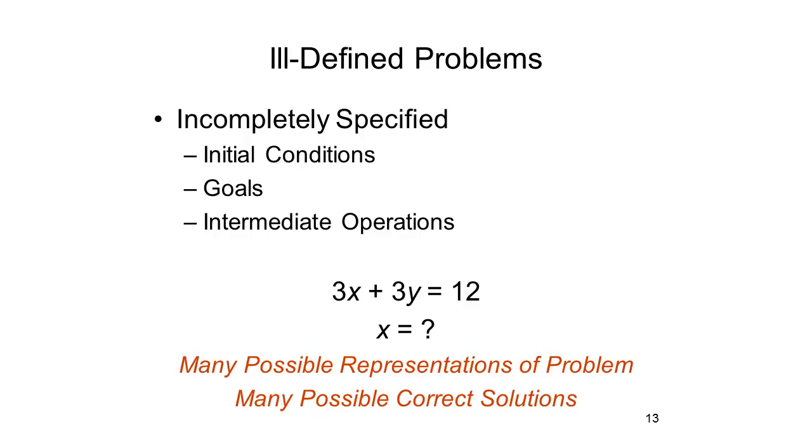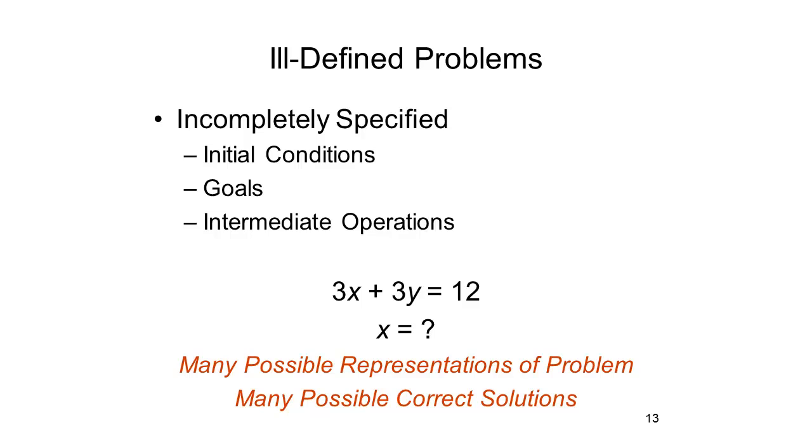An example of an ill-defined problem might be an equation like 3x plus 3y equals 12. And I ask you again to solve for x. Here, the usual algorithm won't help. This is because there are many possible representations of the problem, and thus many possible correct solutions.